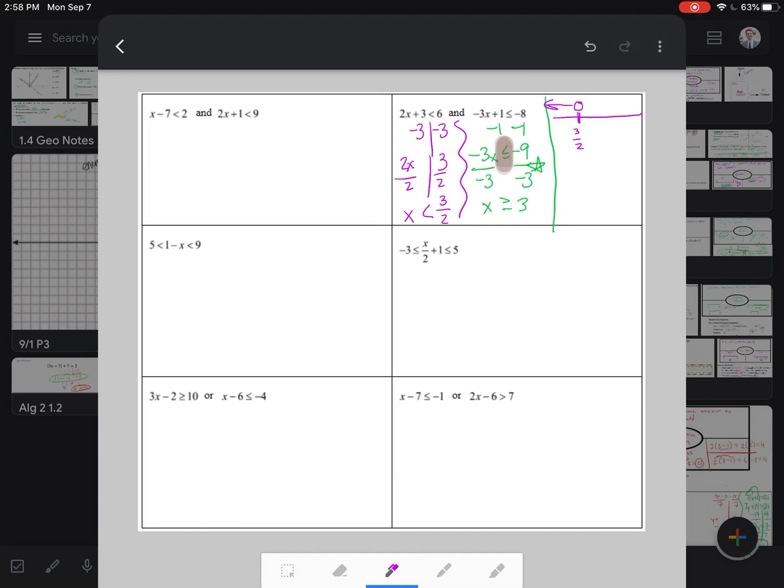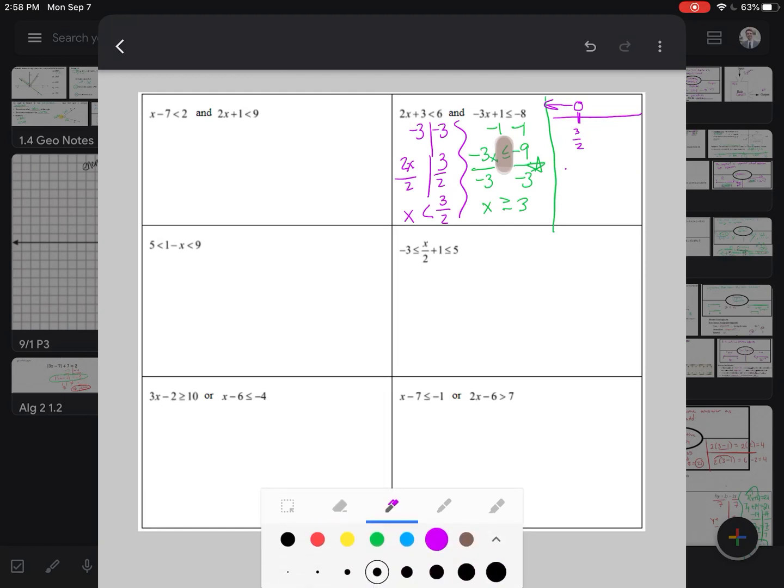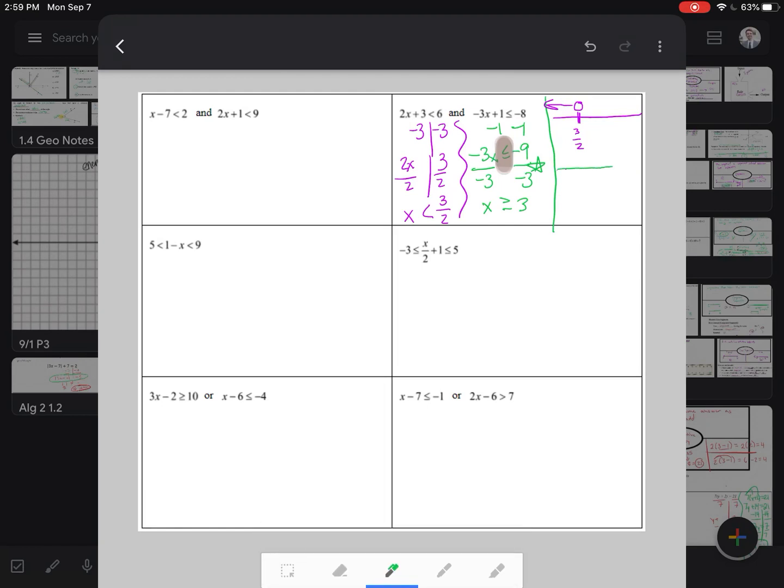Okay, my next one, we are moving on to here. And actually, I should do that in the matching color. I'll do it in green. If we start off at 3 this time, and we are greater than or equal to, so we fill in our circle.